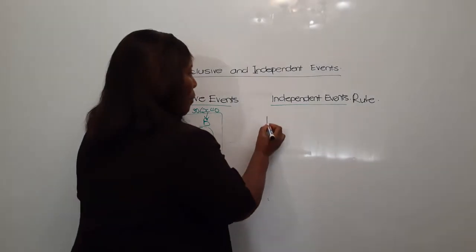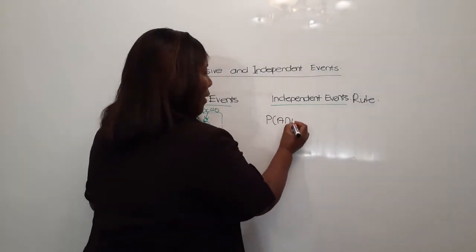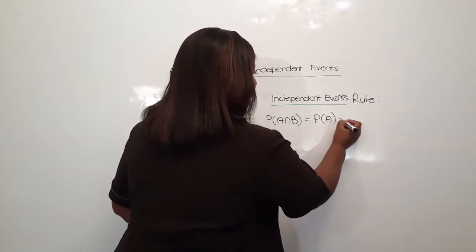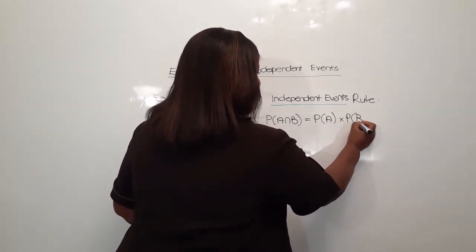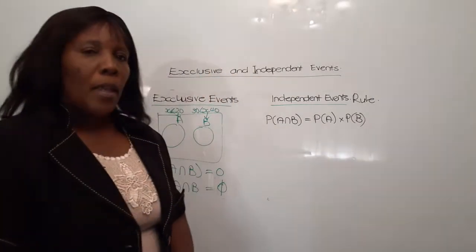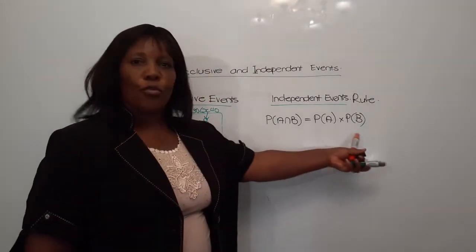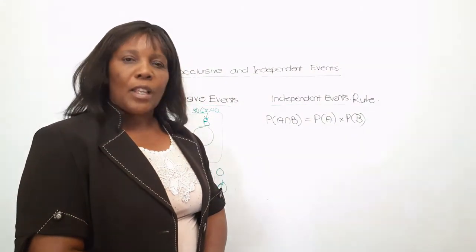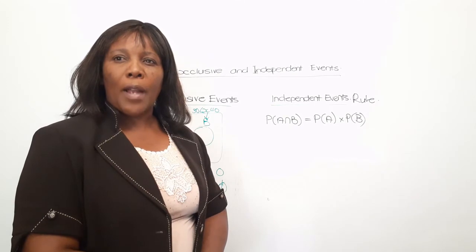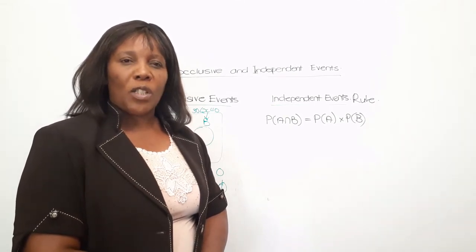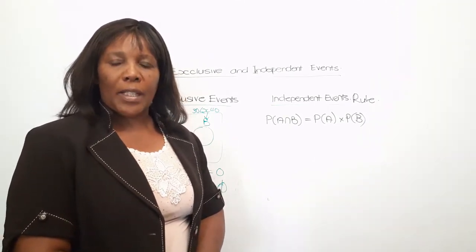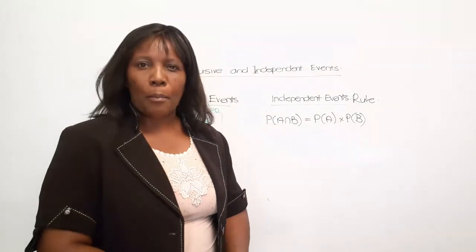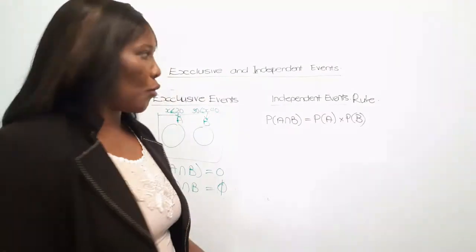It says the probability of A intersecting B is equal to the probability of A times the probability of B. So if you find this is true for 2 events, then you know they are independent. The events can occur one event on its own and not affecting the occurrence of the next event. I'm going to move on and give you an example. I'm giving you 2 examples today.